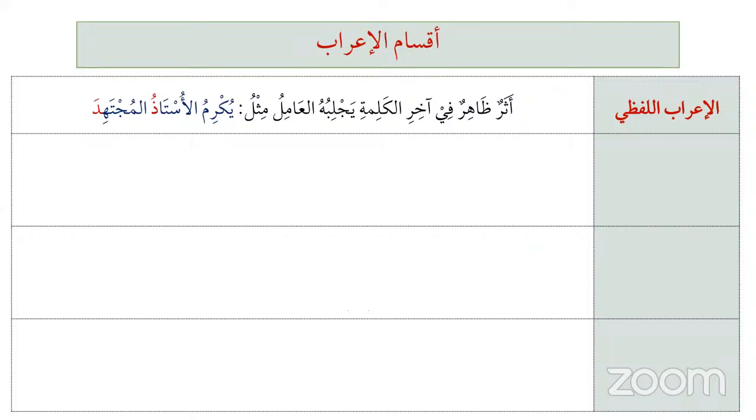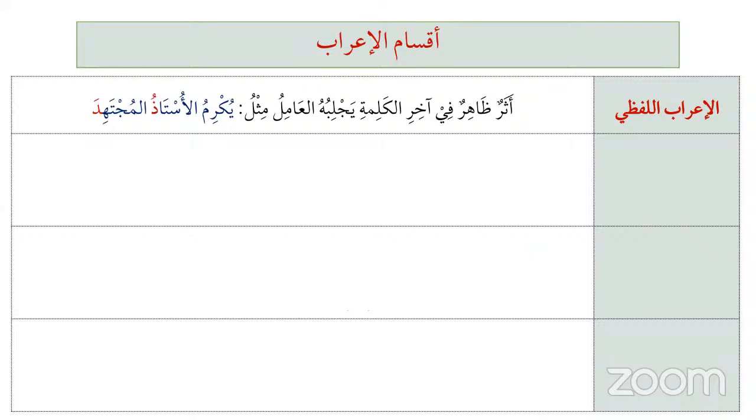Yukrimu is the governing word here because it's fi'l mudari'. And the fi'l mudari' ma'ruf, the active voice imperfect tense verb, has a fa'il which is al-ustadhu. Hence, its fa'il is considered to be in the rafa' state. It's got a dhamma, and it also requires a maf'ul bihi, and the maf'ul bihi is considered to be in the nasb state, and that is indicated by a fatha.